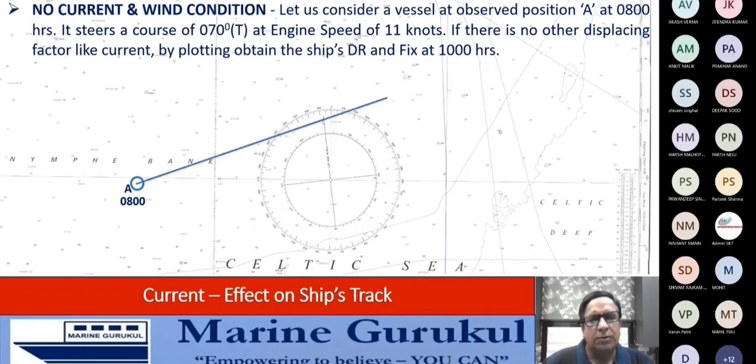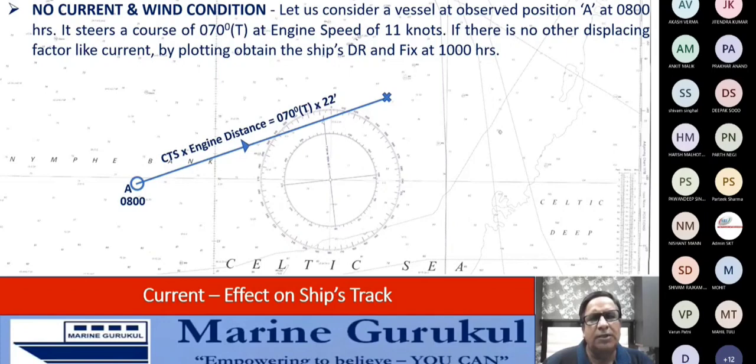In Chartwork, the CTS is always marked with single arrow, and you please have to respect this convention of single arrow to represent the CTS line. On this CTS line, from A, if we mark off engine distance for 2 hours, which shall be 11 into 2, that is 22 miles, we get point B. Point B is obviously the DR at 1000 hours.